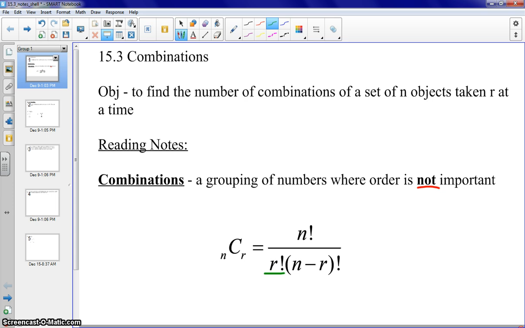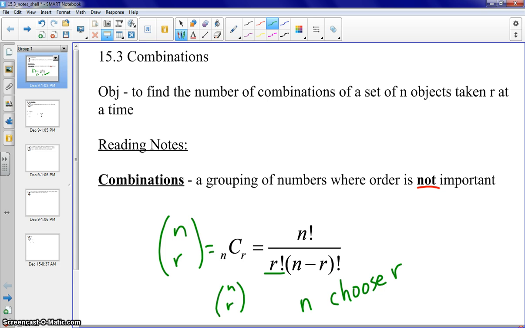We also would write this as n over r inside the parentheses, which is read as n choose r. These are equivalent, so n choose r is equivalent to nCr, as we sometimes refer to it, where the combinations of n objects are chosen r at a time.